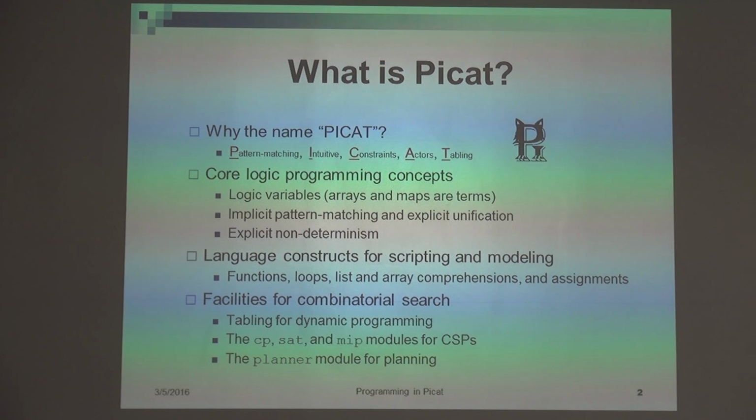And also, rules in this language are pattern matching rules, unlike unification-based clauses in Prolog. You can still use unification, but you have to use it explicitly. And it supports non-determinism implemented through backtracking, but it is explicit non-determinism.